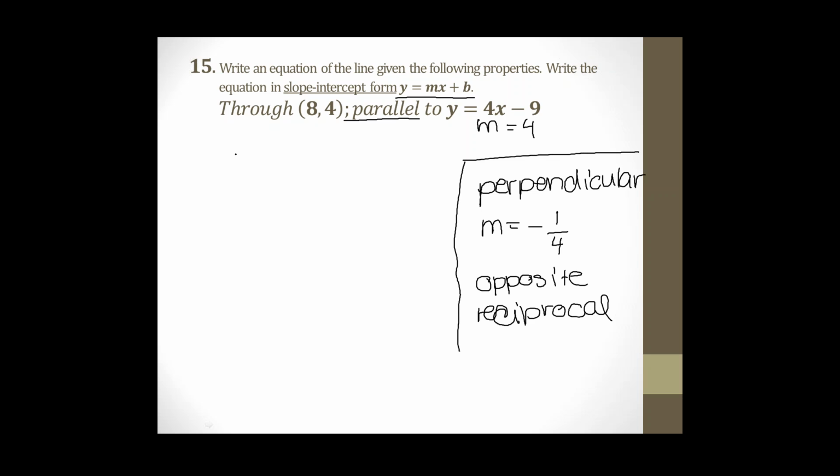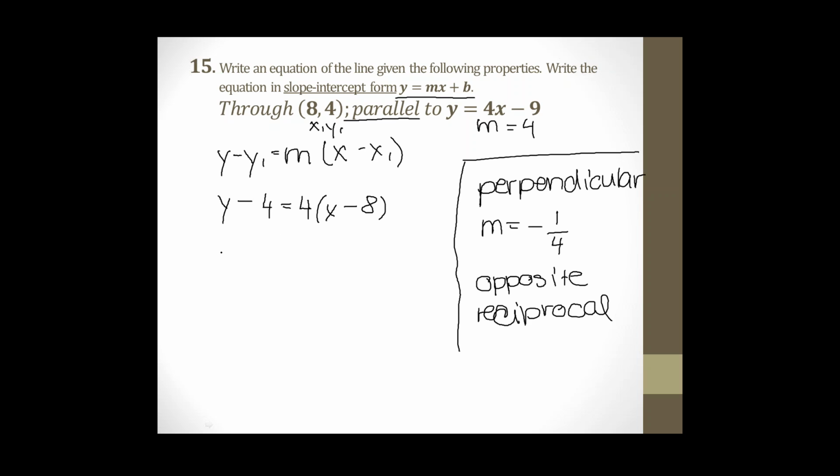So parallel is the same. We can use our point-slope form again, which is y minus y1 equals m times x minus x1, to plug in our known values. So we have our point right here, x and y. So y1 would be 4, equals then our slope of a parallel line, so the same slope would be 4, and x minus our x value, which is 8.